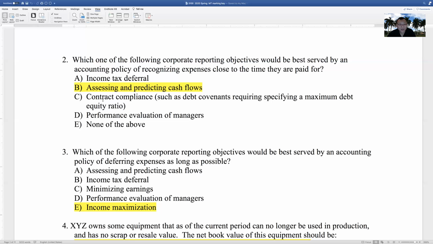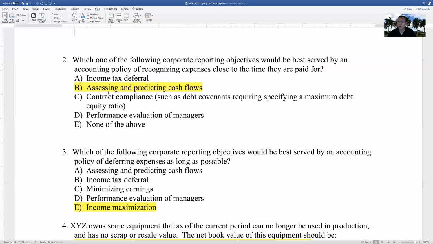C, contract compliance. What is this? We have learned that when you borrow money from the bank, it may attach a covenant. In this covenant, they may specifically require the borrower to meet a certain level of debt to equity ratio.